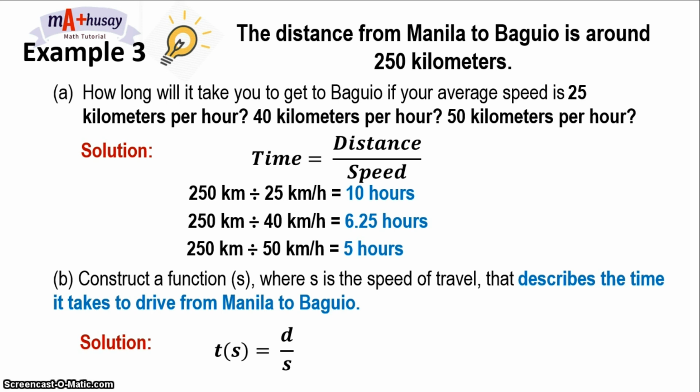Since ang distance from Manila to Baguio ay 250 kilometers, ang function na pwedeng mag-represent kung gaano katagal ang isang biyahe base sa speed nito ay T of S equals 250 all over S. Again, this is an example of a rational function.